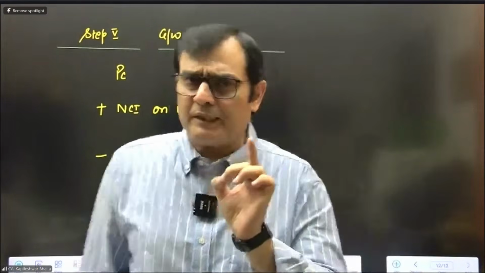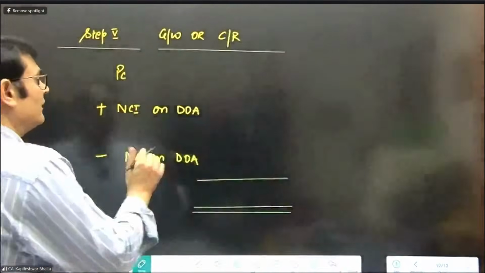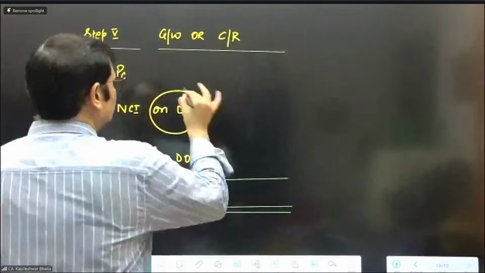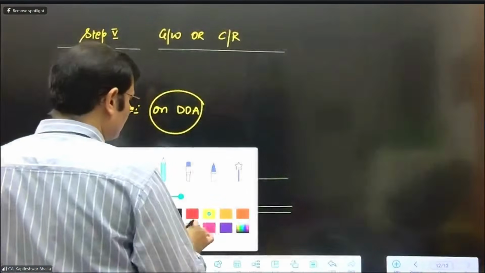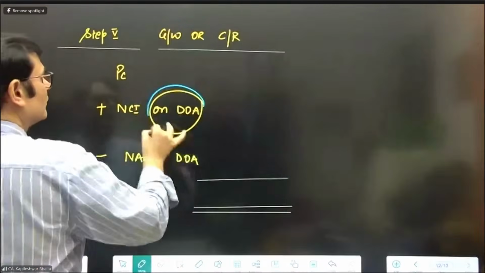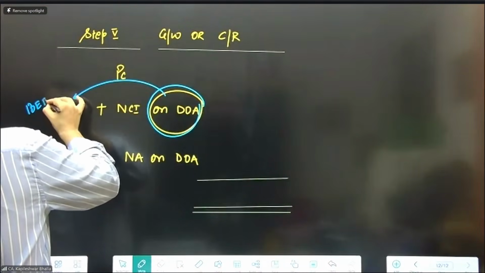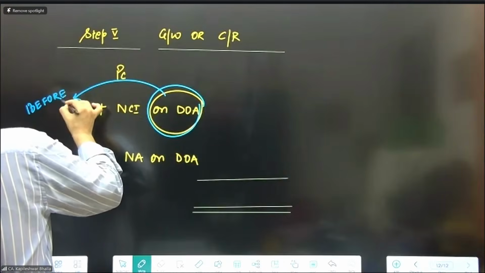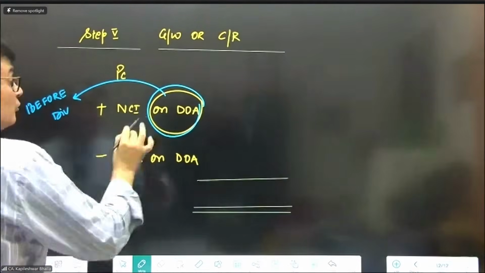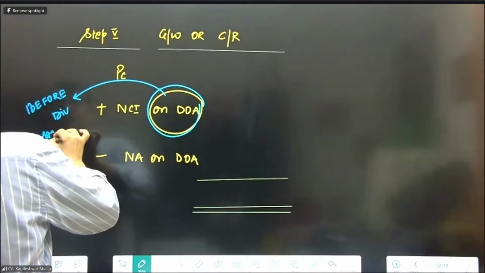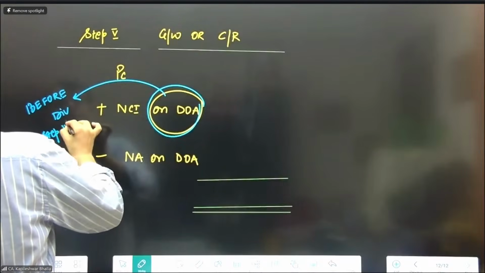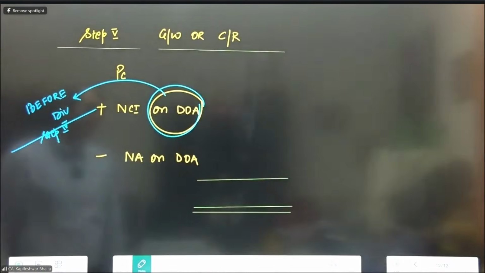So in this particular case, the focus is clear. When you consider the NCI on the date of acquisition, we need it before dividends. So do not take this information from step number 4.